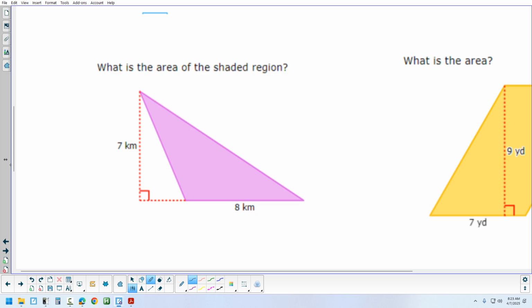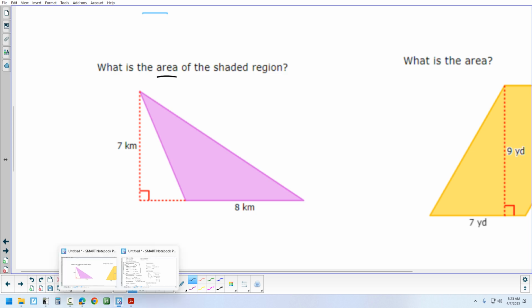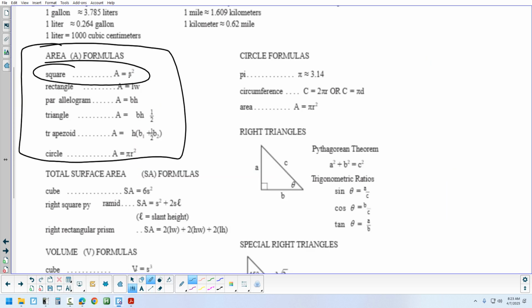It's a triangle. Yeah, it's a triangle. They don't tell you it's a triangle. You need to know it's a triangle because it has 3 sides. So go to your formula and look up area of a triangle. It says area of a triangle is base times height times 1/2.